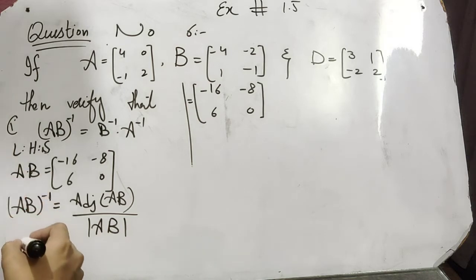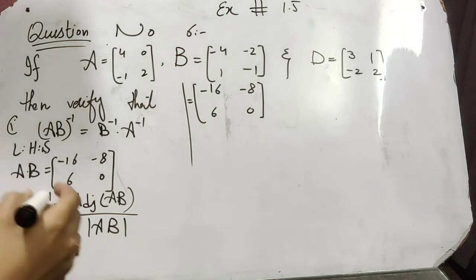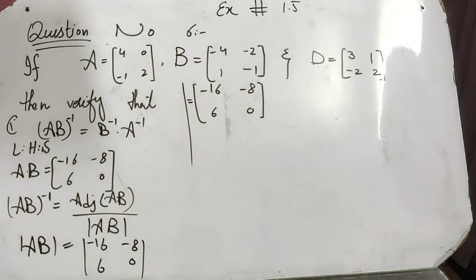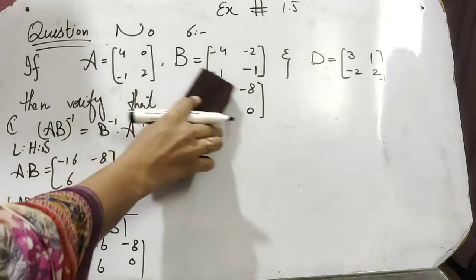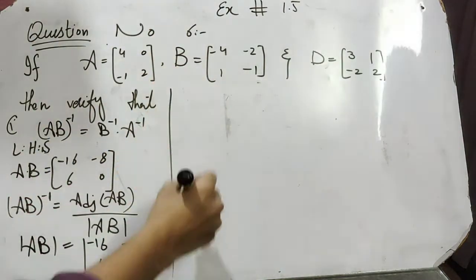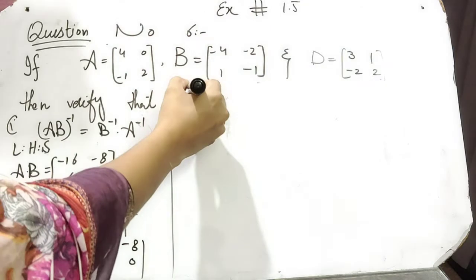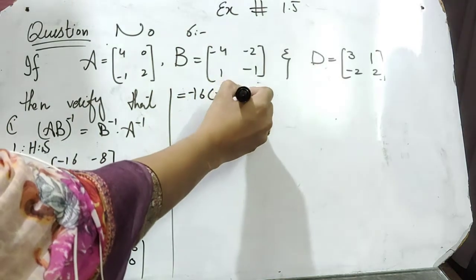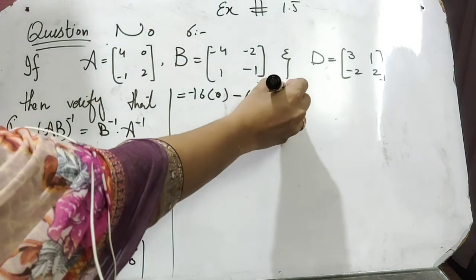Now first we solve the determinant of AB, because this is the first condition, that if the determinant is not equal to 0, then we can find the inverse. So we find the determinant, which will be equal to minus 16 into 0 minus 8 into 6.